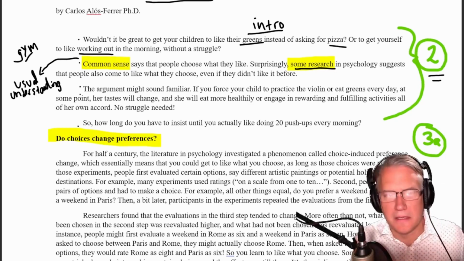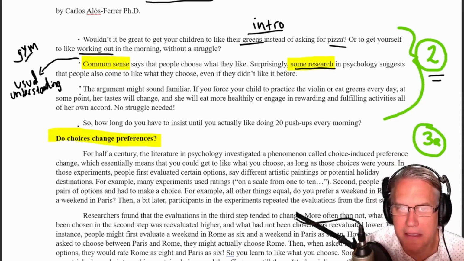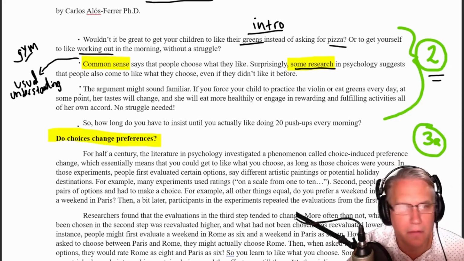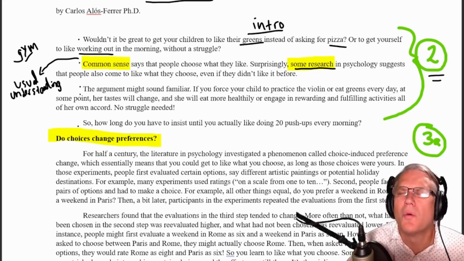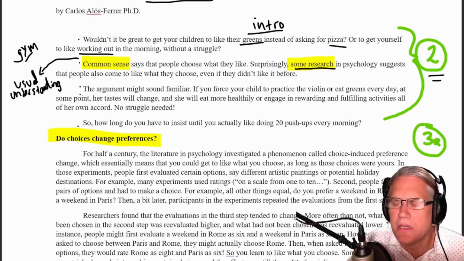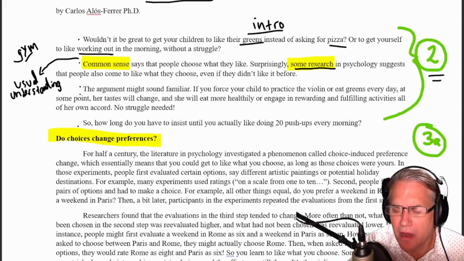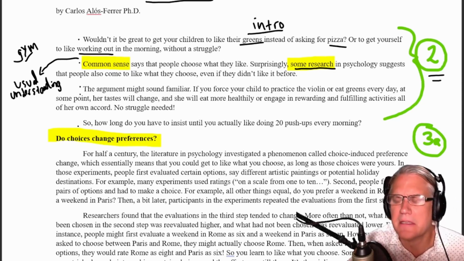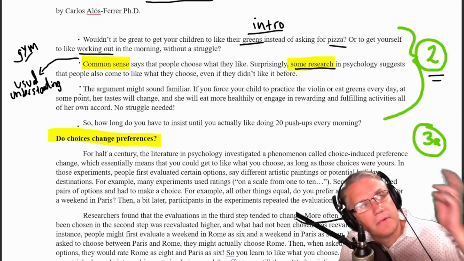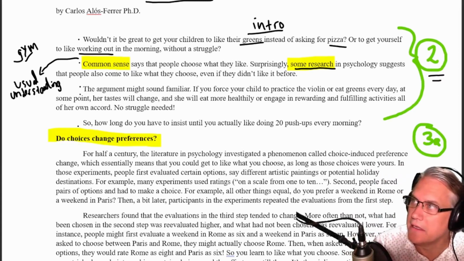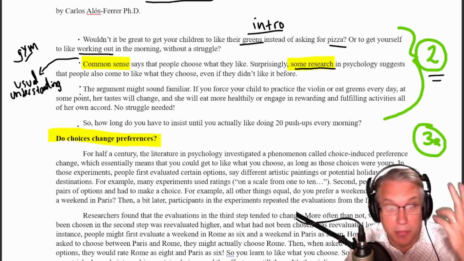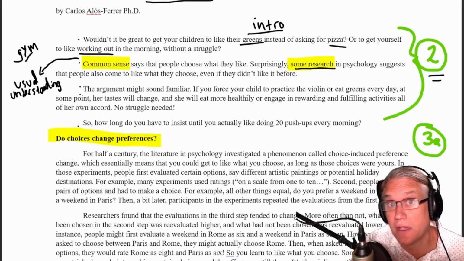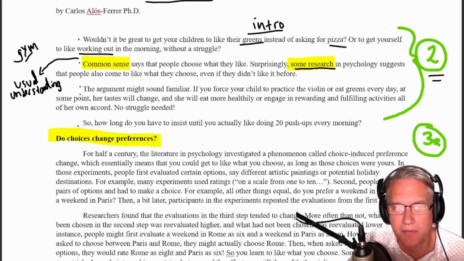So common sense, the usual understanding says that people choose what they like. Yeah, so when we say common sense, it means we don't need any further explanation. We do not need it to be explained. We know it. Common sense is that the sun rises in the east and sets in the west, and the sky is blue, and if it rains, you'll get wet. These are examples of common sense. So common sense says that people choose what they like.